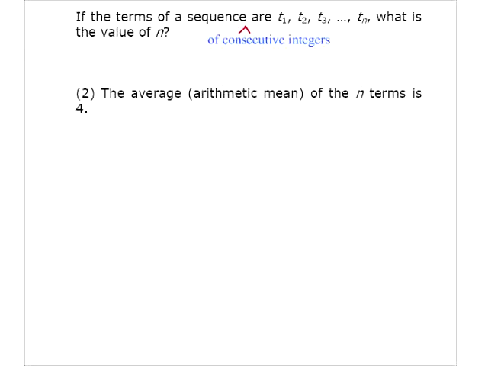We have our first debate of the day. What's the special property that we really care about when we deal with consecutive integers? Does anyone know the most important property?